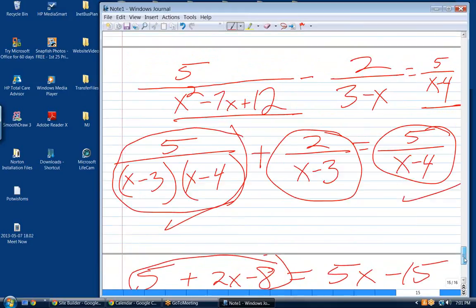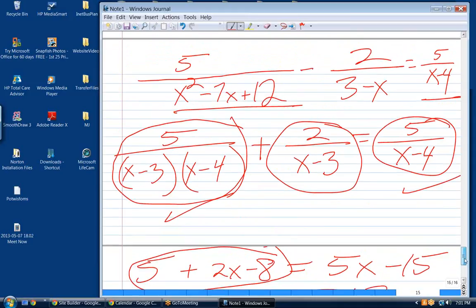Well, that's one thing you can never do. In other words, if the only solution to this problem is x equals 4, which it was, well, when x equals 4, this whole thing equals 0. So does this. So I'm dividing by 0 twice. Can't do that. There's no way x can equal 4. So this problem has no solution.